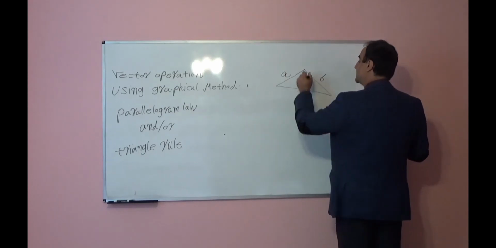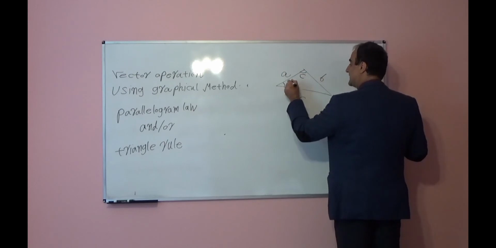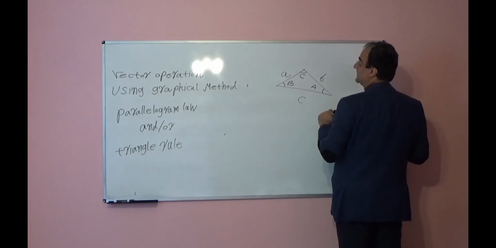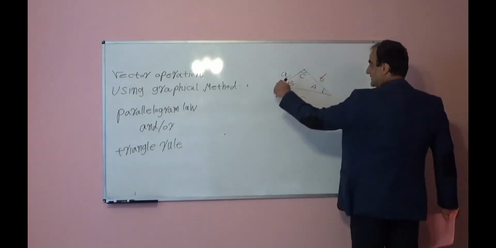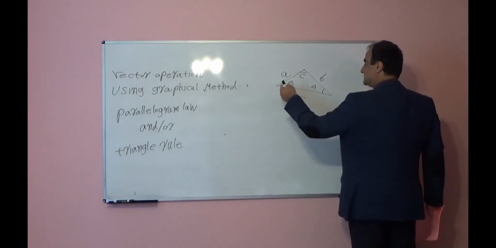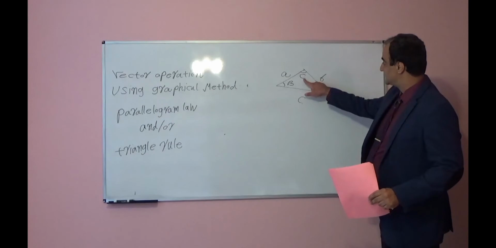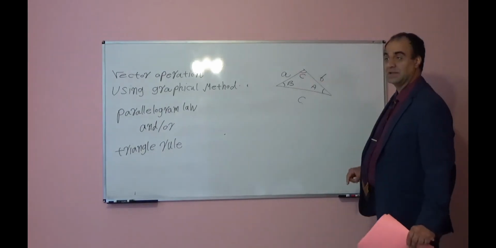This angle is capital C, this angle is capital B, this angle is capital A. This side length is a, this side length is b, this side length is c. The angle in front of c is capital C, in front of b capital B, in front of a capital A.